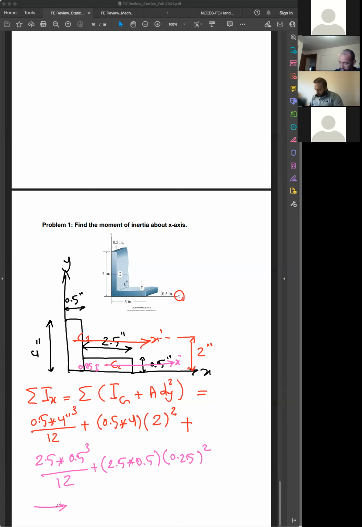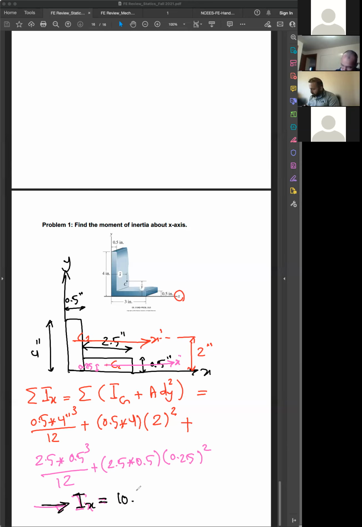Okay, so from this, your total Ix would be equal to half times 4 to the power of 3 over 12, plus half times 4 times 2 squared, plus 2.5 times half to the power of 3 over 12, plus 2.5 times half times 1.25 squared.